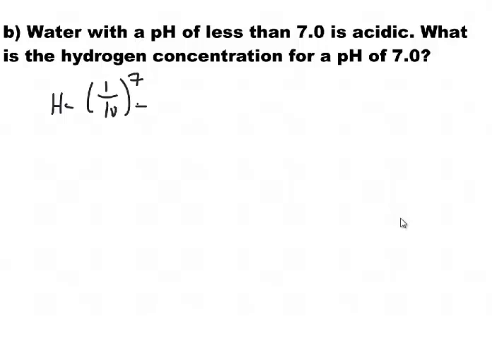But 1/10 exponent 7, I can write it as 10 exponent -1 exponent 7. Now it's a power to a power, so I multiply them together. So this is the answer: 10 exponent -7 moles per liter.